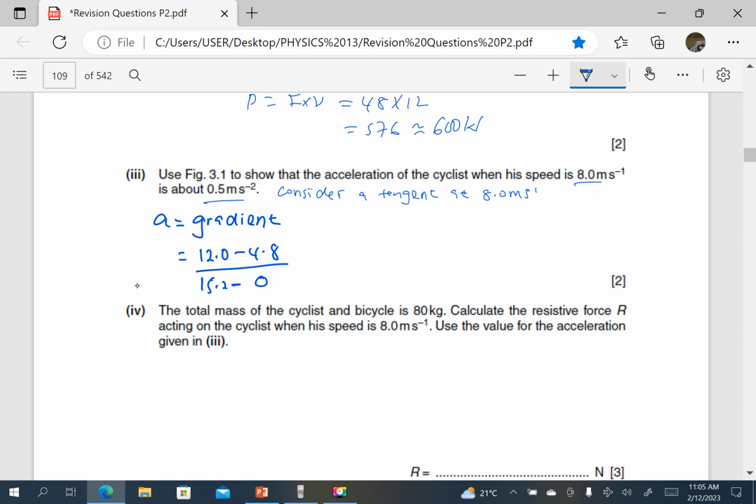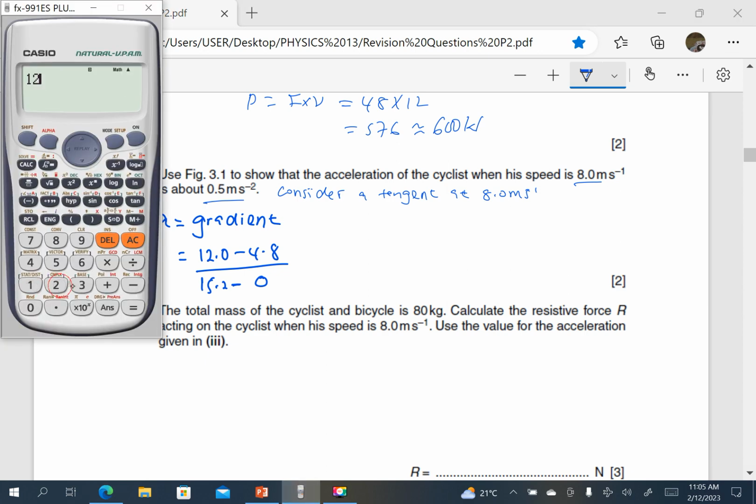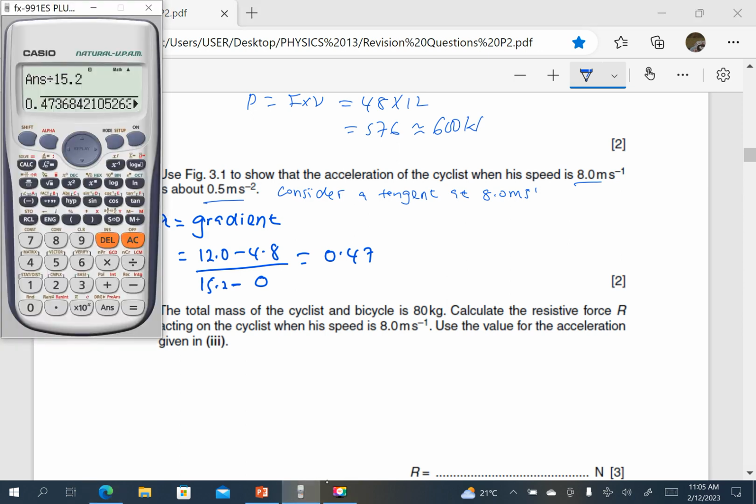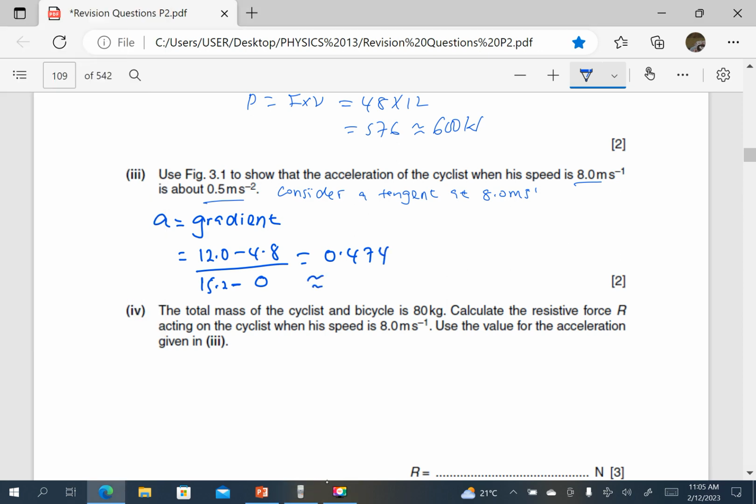We may not use the same points, but you can have your own values. 12 minus 4.8 divided by 15.2 is 0.4774, or approximately 0.5 meters per second squared as required. You can get a different value, but round off to 0.5 for that gradient.